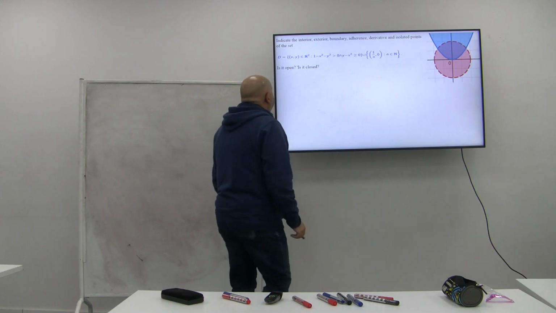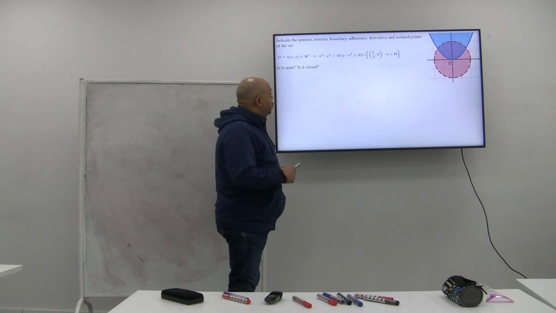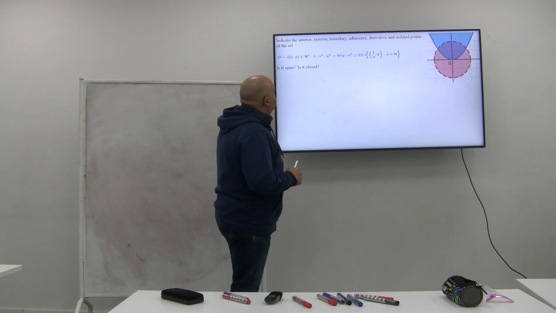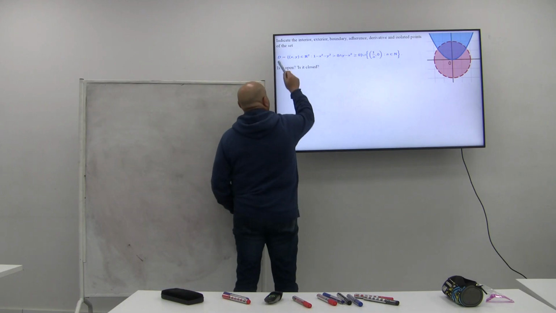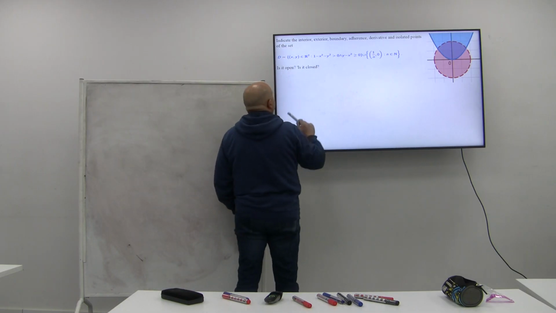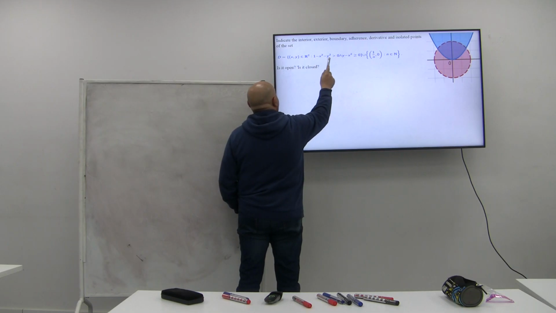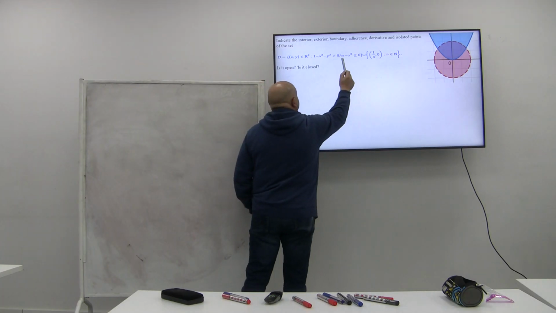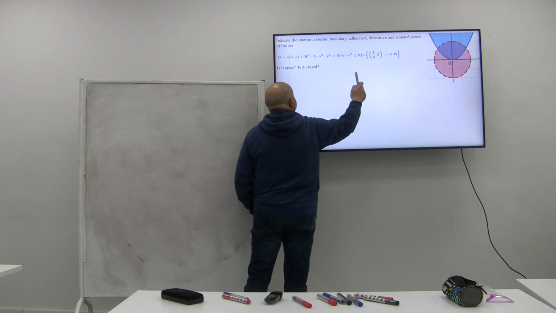He wants you to indicate the interior, exterior, boundary, adherence, which means the closure, derivative, and the isolated points of the set, which consists of (x,y) belonging to R squared, with 1 minus x squared minus y squared greater than 0, and y minus x squared greater than or equal to 0, union this sequence set.